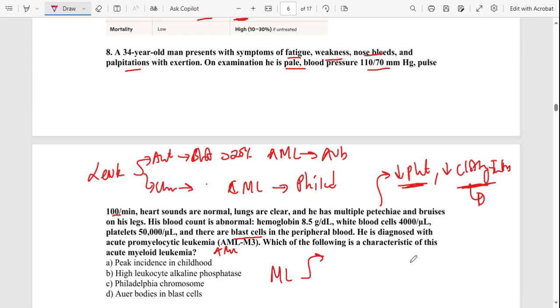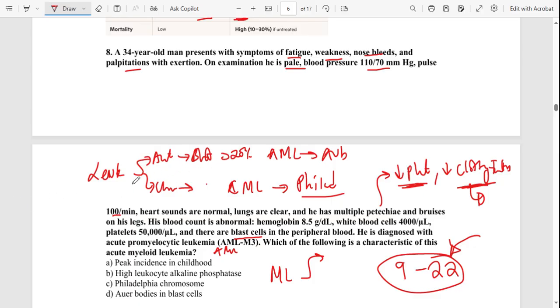There will be a translocation between chromosome number 9 and number 22. That's the BCR-ABL gene. Specifically, the abnormal chromosome 22 is what we call the Philadelphia chromosome. So that is really specific, which we need to take note of.